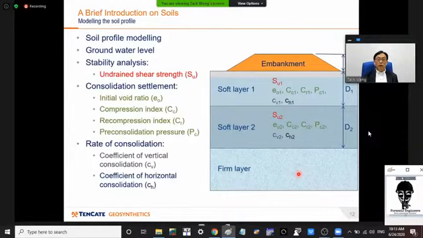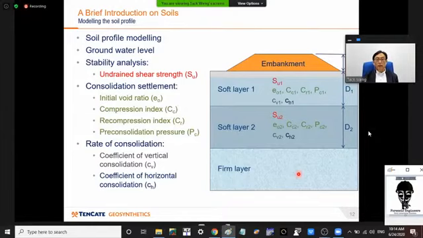Whereas when you have installed PVDs, the PVDs are like very permeable, drainable superhighways for the excess pore water pressure to dissipate. And when the PVDs are installed at close distance apart, they actually shorten the drainage path, and therefore that is the easiest path of flow for the water.